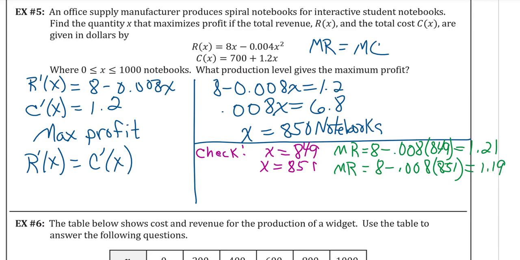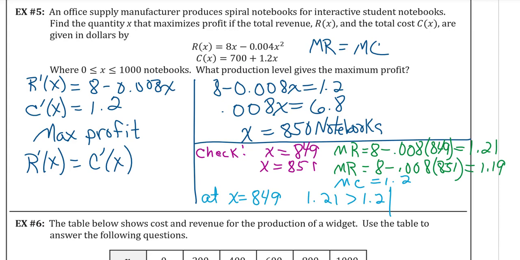Now, the thing is, our marginal cost is a constant, so we don't really have any calculations to do for that. So what we're really looking for is to see that at 849, our MR is 1.21, and that is greater than the 1.2 for the marginal cost.